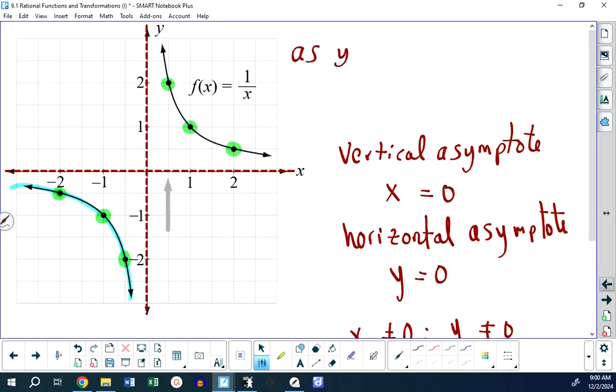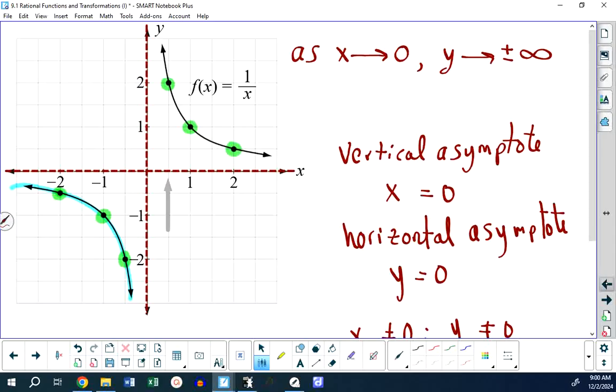As x approaches the non-permissible value of 0, y approaches positive or negative infinity. This will be very important for tomorrow. As you get closer and closer and closer to x being 0, y either approaches infinity or negative infinity, depending on which side you're on.